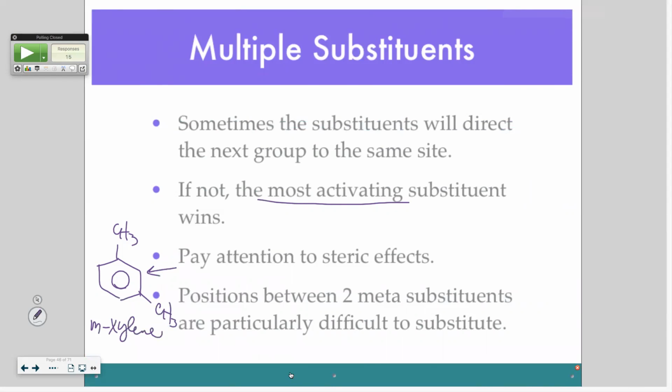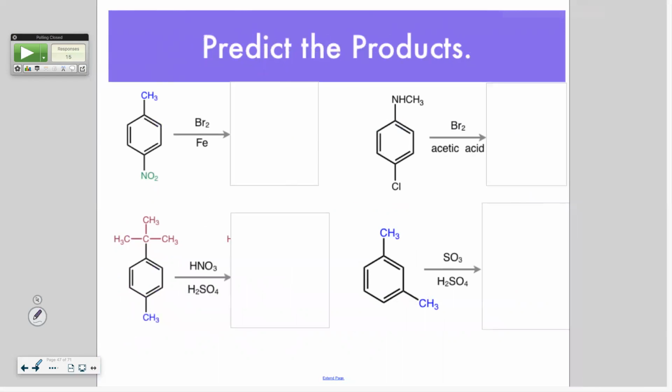All right, you ready? We're going to do some. All right, so what do you think about this one? We have para-nitrotoluene, right? Okay, so the methyl up here, since he's blue, I'll use blue. Okay, what spots is the methyl directing to? Ortho and para.